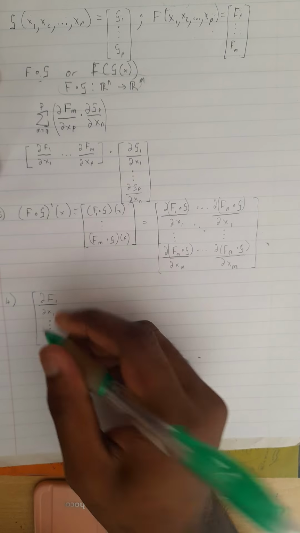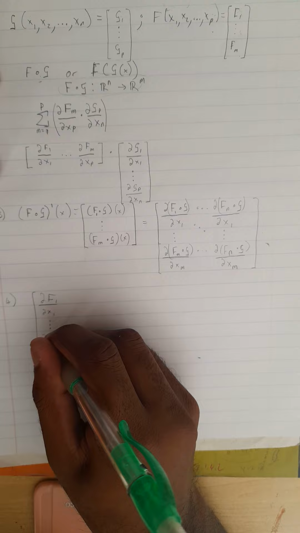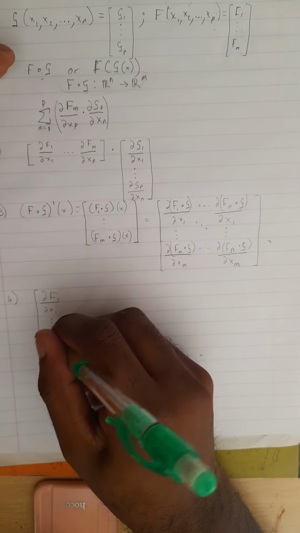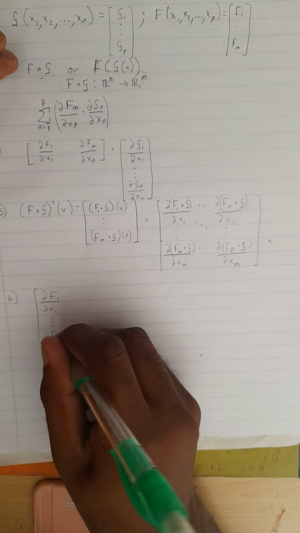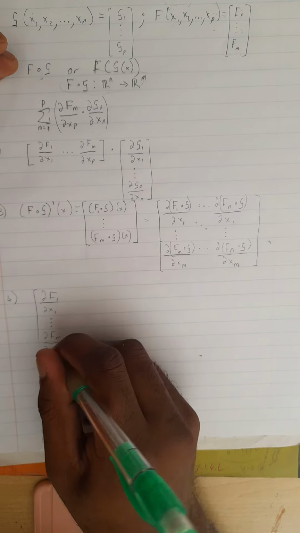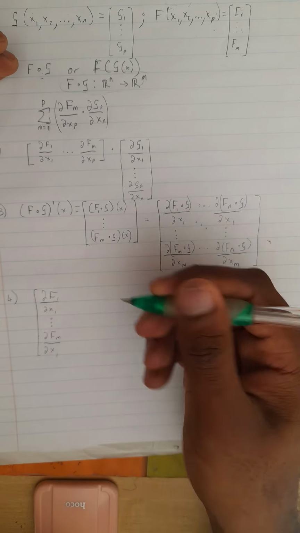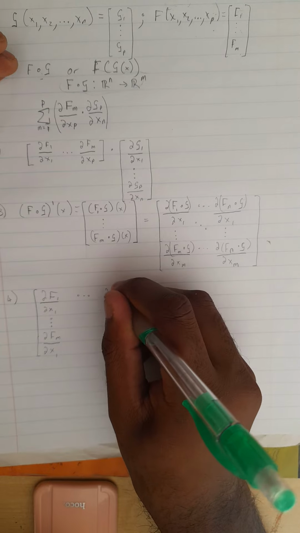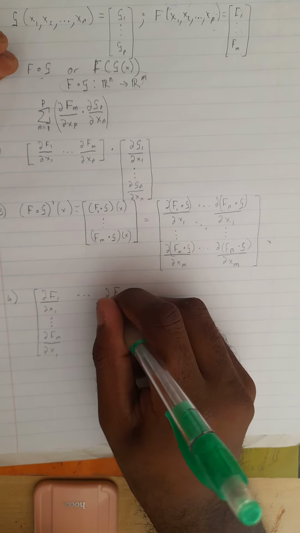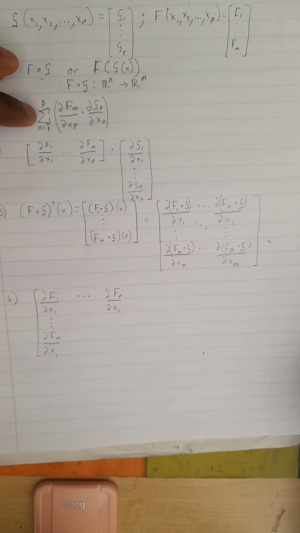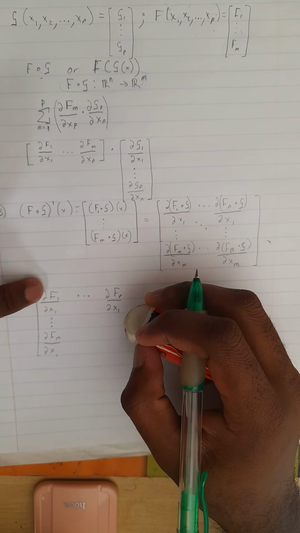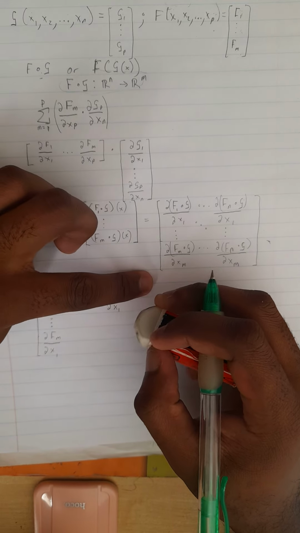So up until the partial derivative of fm with respect to x1, up until the partial derivative of fp with respect to x1. So we said there should be m rows and p columns.